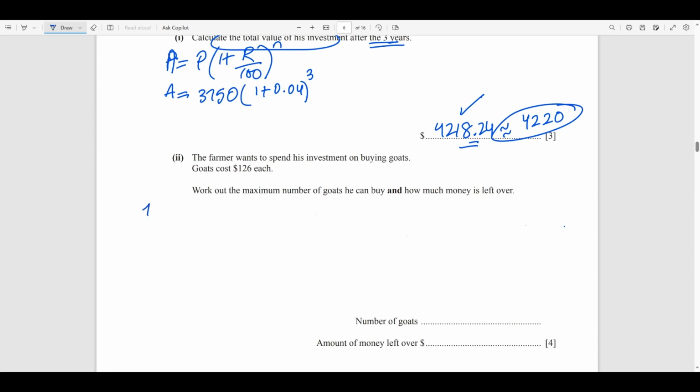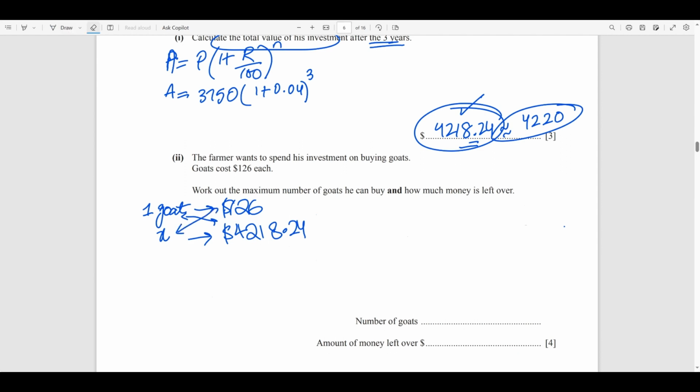For example, one goat costs you $126, right? That's for one goat. So how many goats can you buy? You don't know the number of goats, so you write x here because the count is missing. And then the total cost is 4218.24, because that's dollars, right?